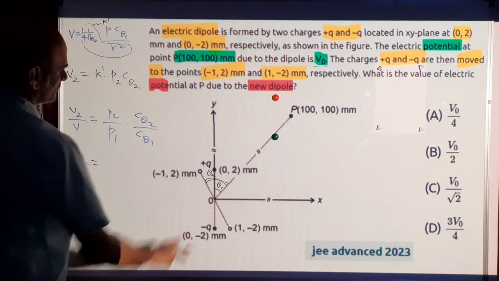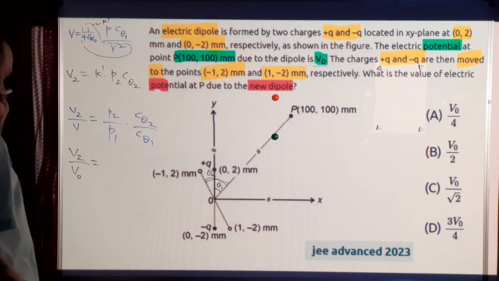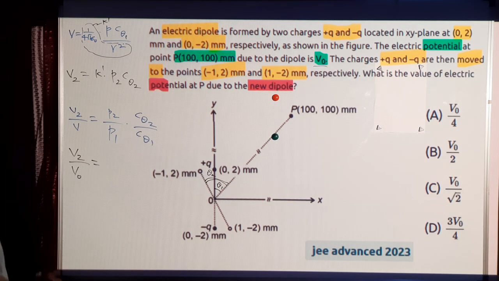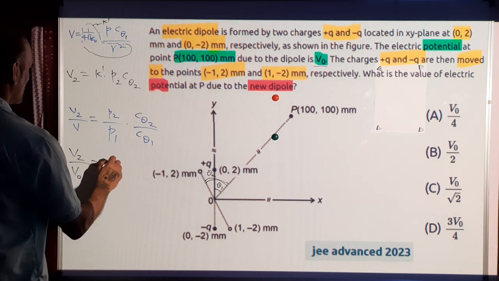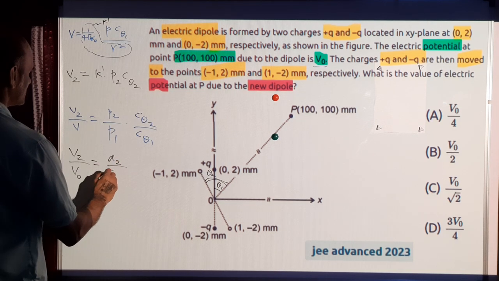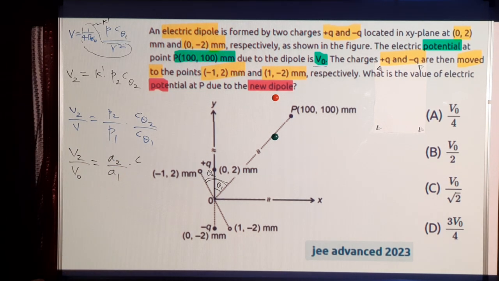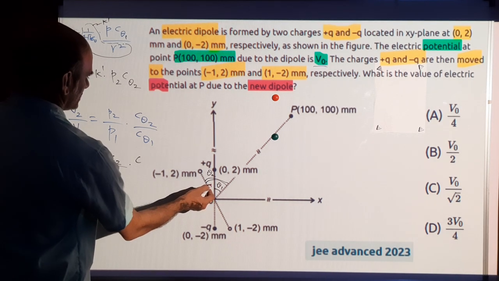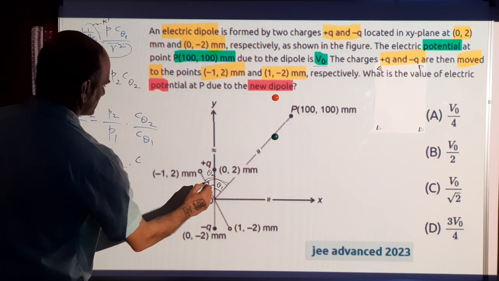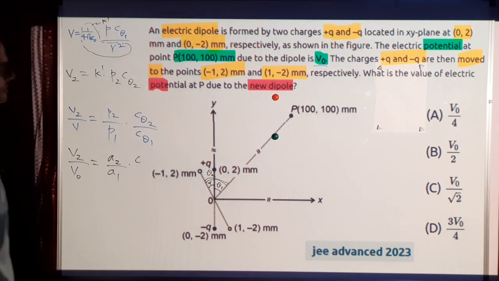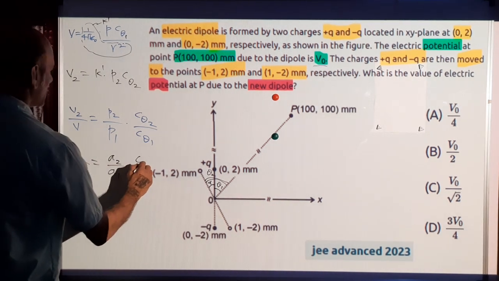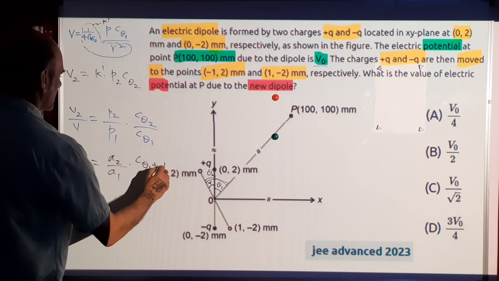And then P is the charge into the distance. Charge is the same. When the dipole is tilted, the charge is not going to change. But the size of the dipole is changing. In the first case it's A1. Sorry, in the second case it's A2. First case A1. And then let me call this angle alpha. So theta 2 is theta 1 plus alpha.